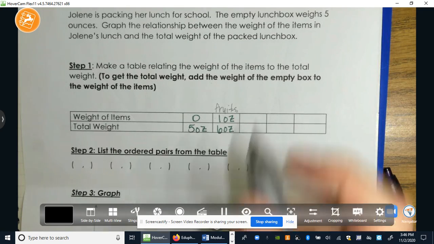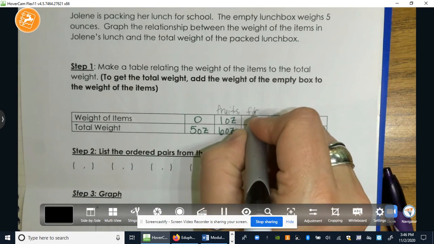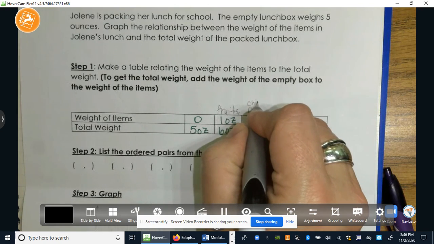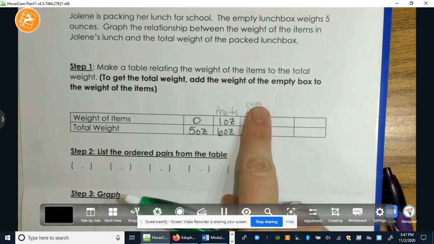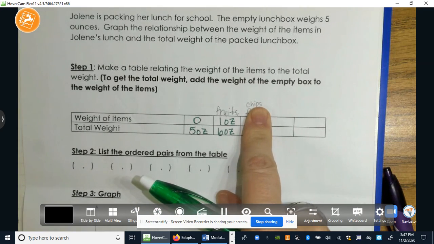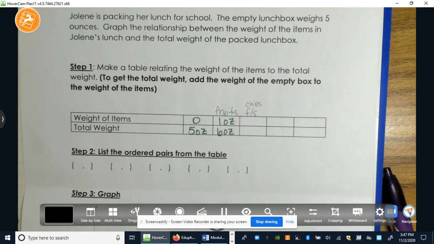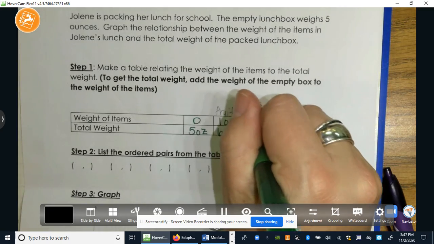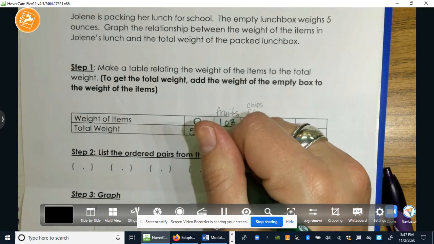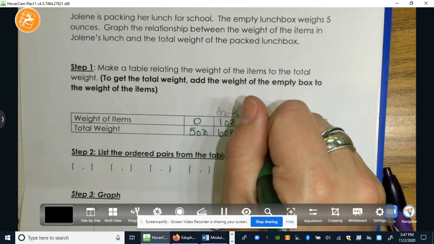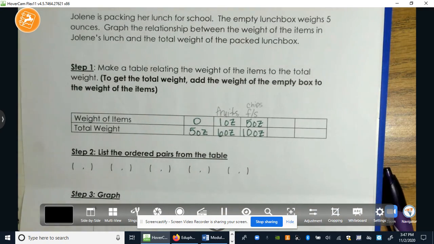So say she put in her fruit snacks and chips. So her fruit snacks again weighed 1, then we're adding her chips, maybe they're 4 ounces. So then she has a total of 5 ounces of food, but her lunch kit, we gotta include that. So her lunch kit weighs a total of 10 ounces.